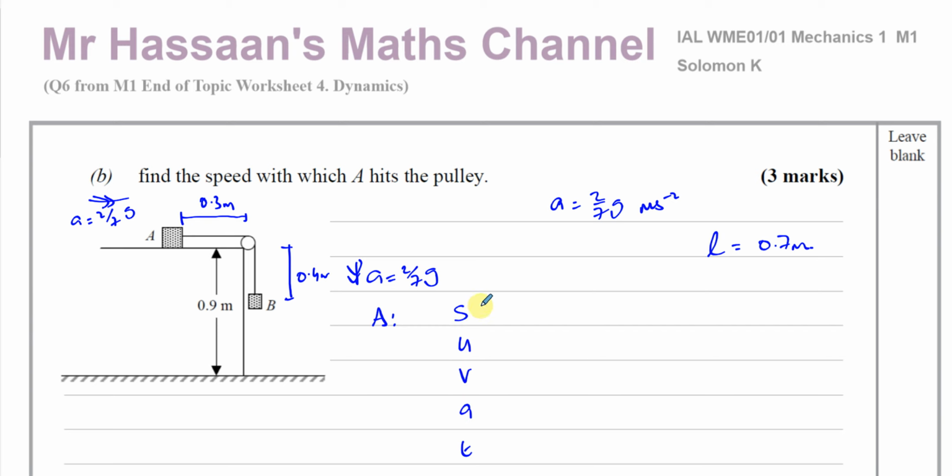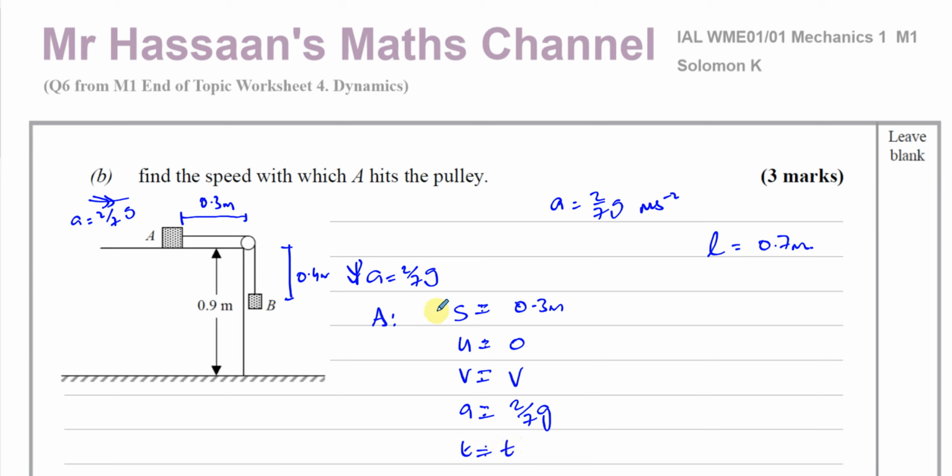They're both going to be moving at the same speed when A hits the pulley, but I'll just consider A. S is equal to 0.3 meters, since it hits the pulley after it's moved 0.3 meters. Its initial speed was 0 because it was released from rest. Its final speed is what we have to find, and it's moving with acceleration 2 over 7g meters per second squared. The time, I don't think we need.